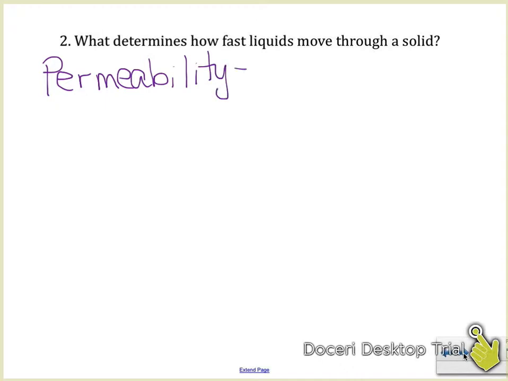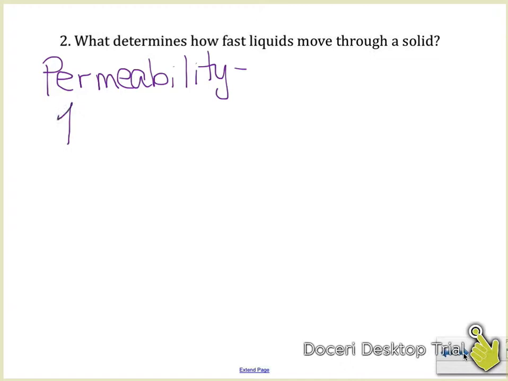Permeability is what? Devin. It's the ability to let water pass. So we know that. That's your vocabulary. Now, if a liquid is able to move through the solid very quickly, then we say that it's very permeable.